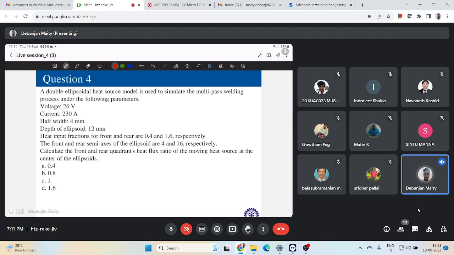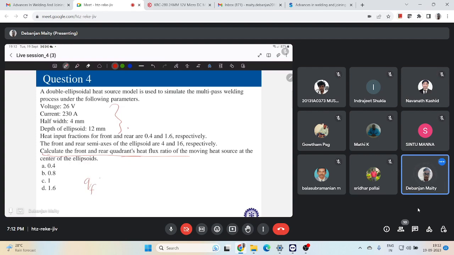I would say this question is a little bit tricky, but it's a very simple question. Just go through the question once. There is a lot of information provided here. You have your voltage, your current, for your elliptical heat source your heat source depth, then your heat fraction for front and rear. Then you have to calculate the front and rear quadrants heat flux ratio of the moving heat source. So what was there for this double ellipsoidal heat source?